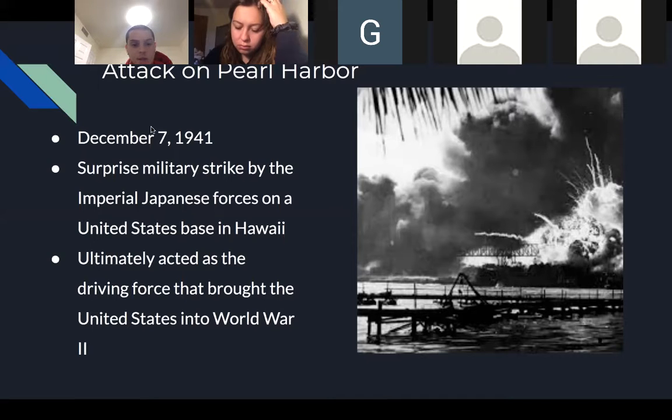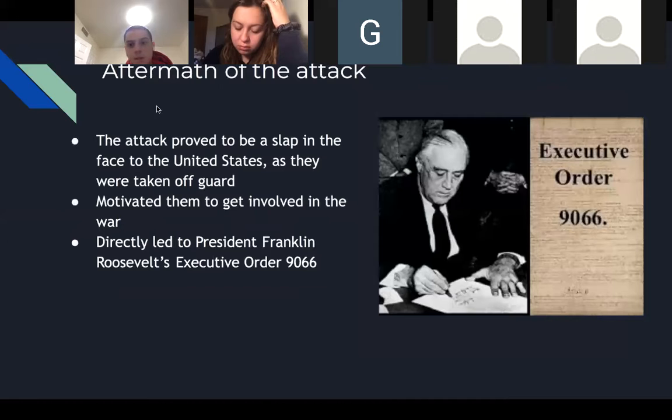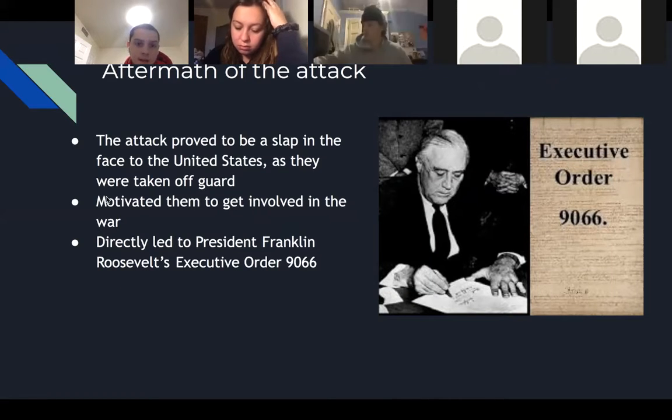And this ultimately acted as the driving force that brought the United States into World War II. And so this attack directly led to Executive Order 9066, and it proved to be a slap in the face to the United States as they were taken off guard by it and didn't really have any direct connections to the war before this.